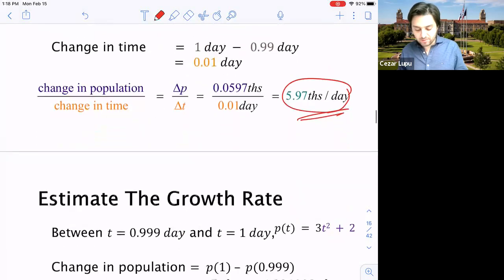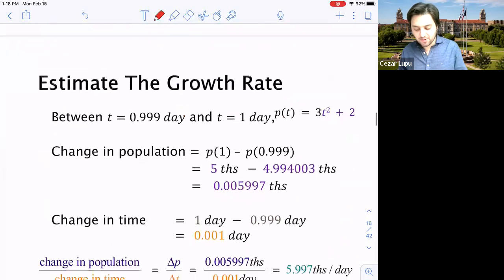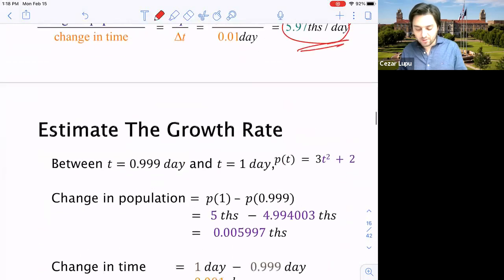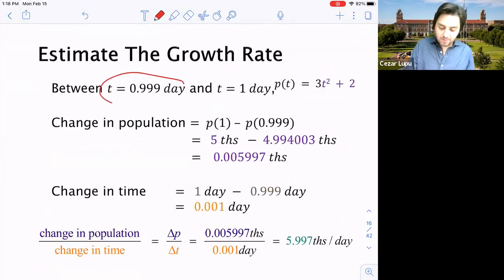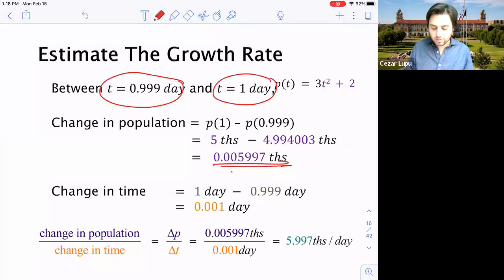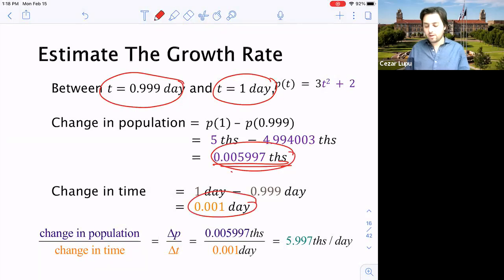So now, as you have seen, let me tell you the picture. Again, just like you already said, between these two times we'll get this. So that will be the change in population, and change in time will be this. And again, if we do this, we will get 5.9997, just like you said.